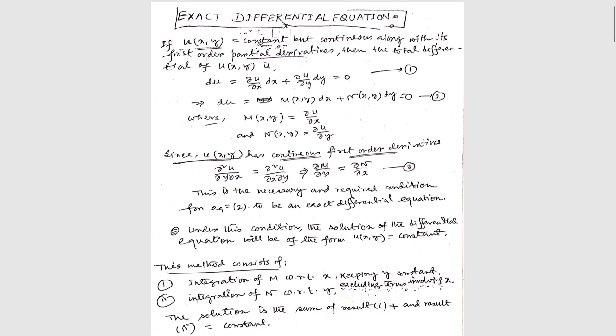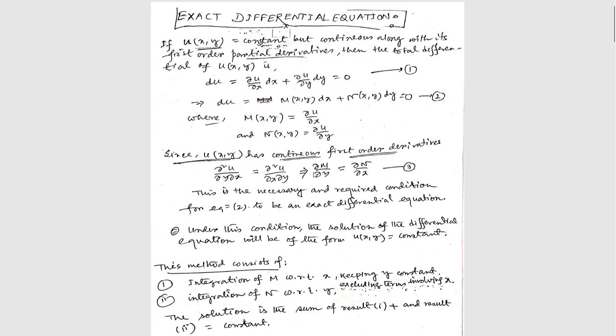You know from the knowledge of partial derivatives that ∂²u/∂y∂x is equal to ∂²u/∂x∂y. Since ∂u/∂x is equal to M, ∂²u/∂y∂x is equal to ∂M/∂y. Similarly, ∂²u/∂x∂y is equal to ∂N/∂x.